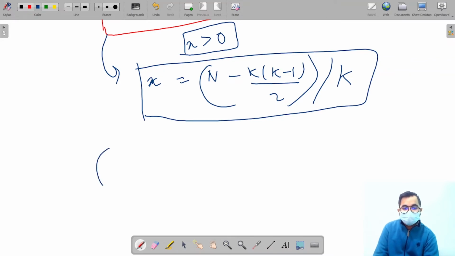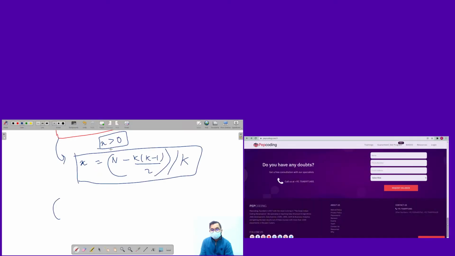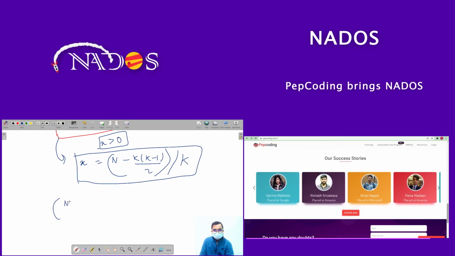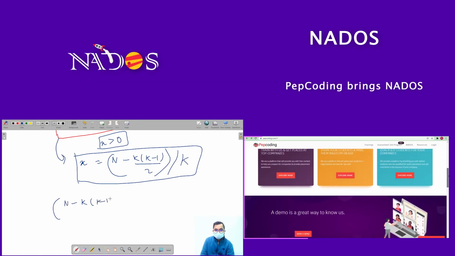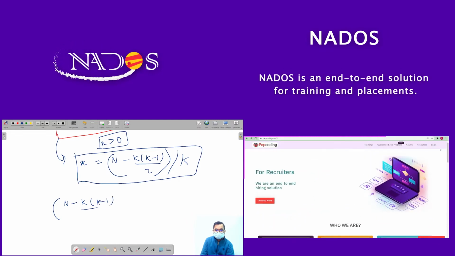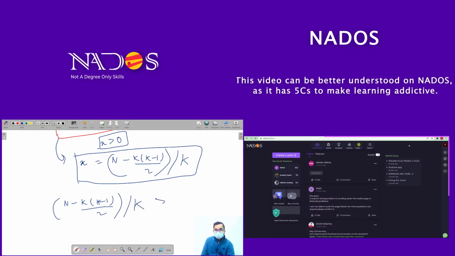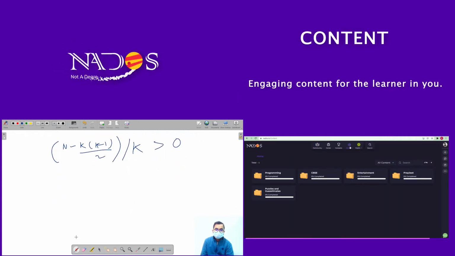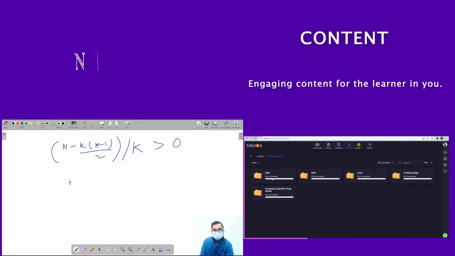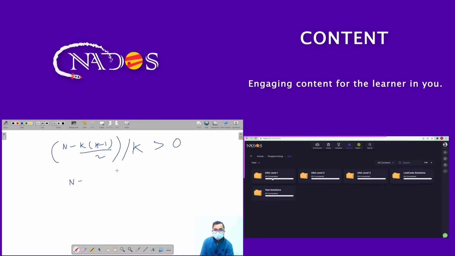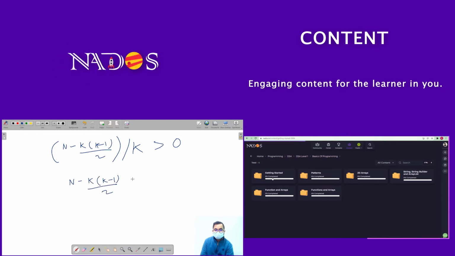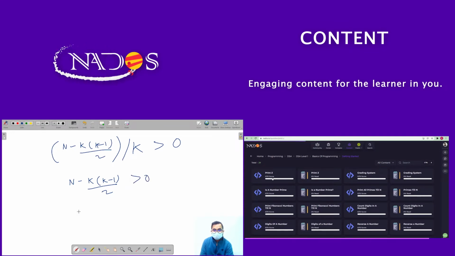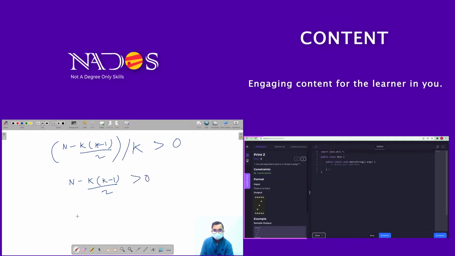So I can definitely say if x is equal to this and x is always greater than 0, then n minus k times (k minus 1) divided by 2, divided by k, is also going to be greater than 0, right? And if this is true, then I can definitely say the numerator of this equation is also going to be positive. Alright, if this is true, then this is also true.